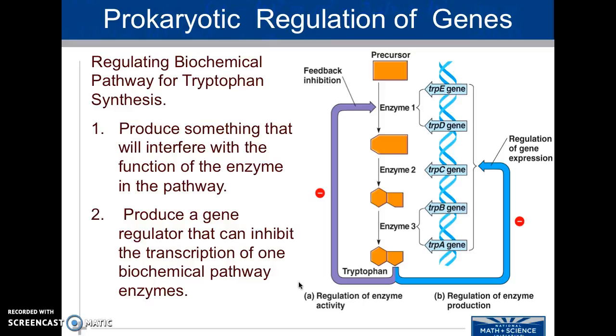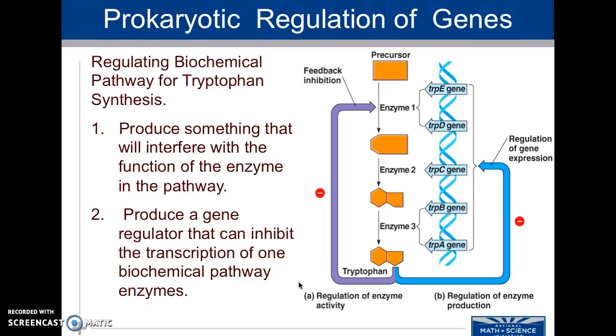Tryptophan is a chemical produced in the body when we eat certain foods. Similarly, when we eat turkey on Thanksgiving, we talk about tryptophan, the chemical that makes us really sleepy and tired. So this segment of the DNA, this TRP gene, codes for that specific protein.